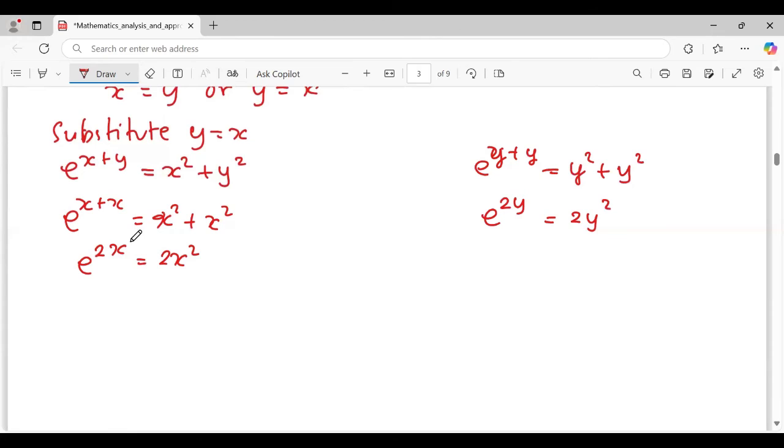After that, I'm going to sketch to find x and y through a diagram. I have sketched on my Casio graphic calculator the function y equals e power 2x minus 2x squared, and the graph looks like this.